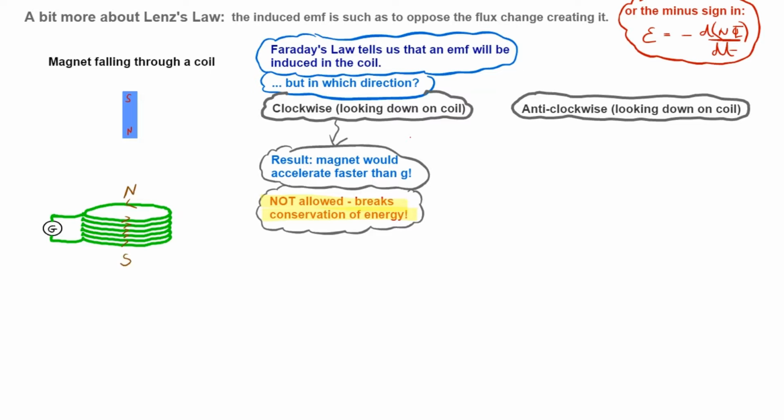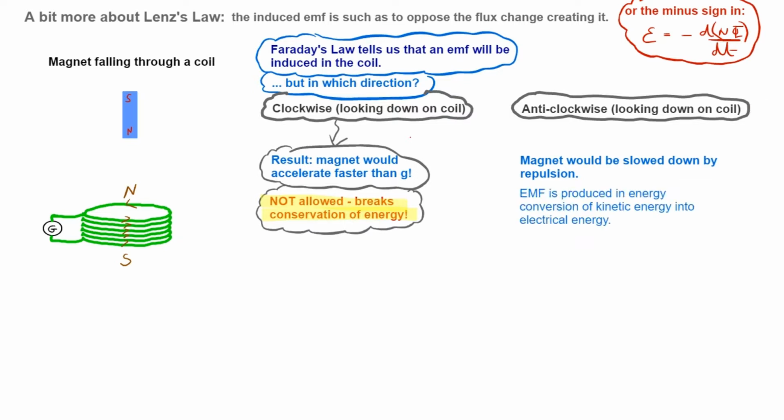Aha! This time it's going to repel the magnet. Now, why is that okay when it wasn't okay to attract it? Well, that's going to slow down the magnet, which means that some of the kinetic energy of the magnet goes into the electrical energy in the coil. So this works.